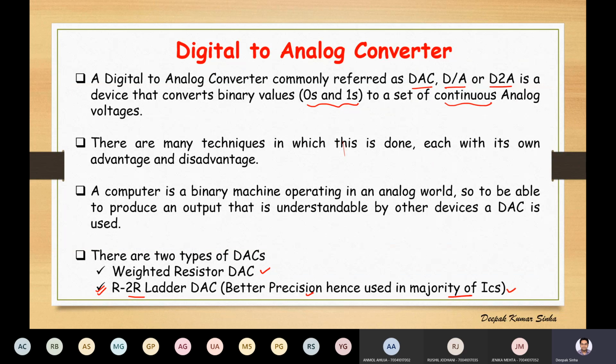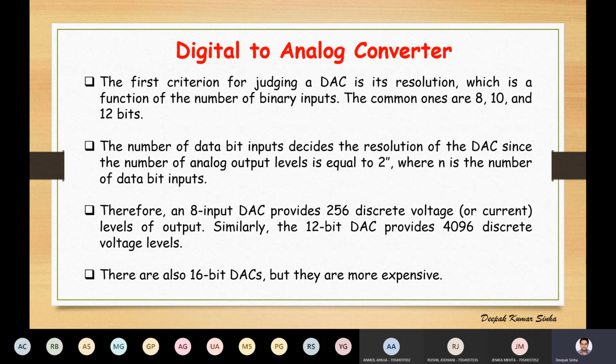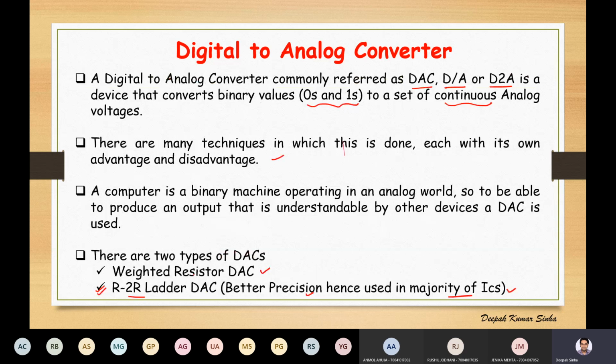Each technique, weighted resistor and R2R, has its own advantages and disadvantages. The R2R DAC is mostly preferred because it provides better precision. The weighted resistor is not, because exactly the same valued resistor is sometimes not possible to get.